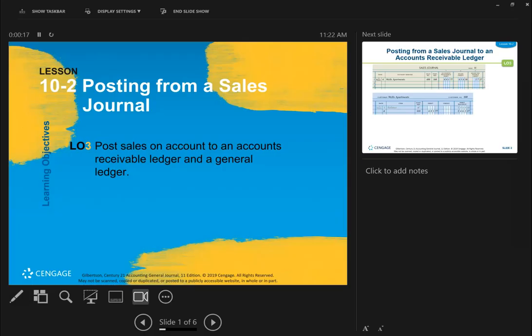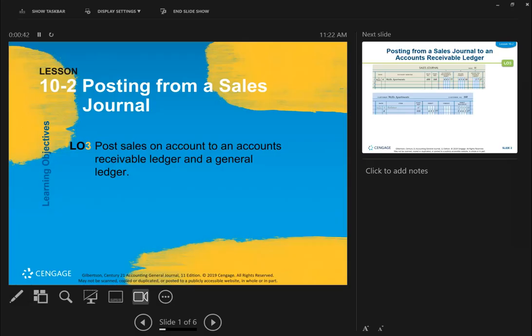We're gonna continue on in chapter 10. So big picture perspective, in chapter 9 we talked about how to record payments that a company's making to vendors to pay expenses and acquire merchandise.